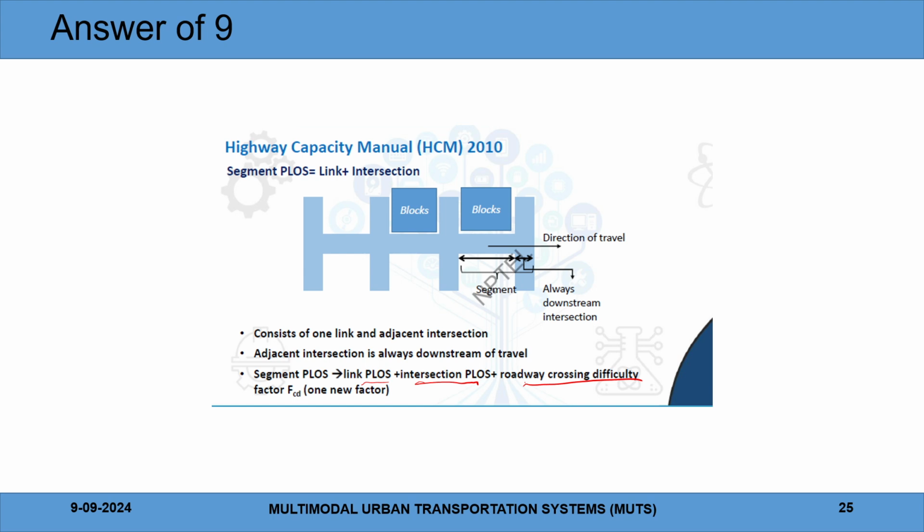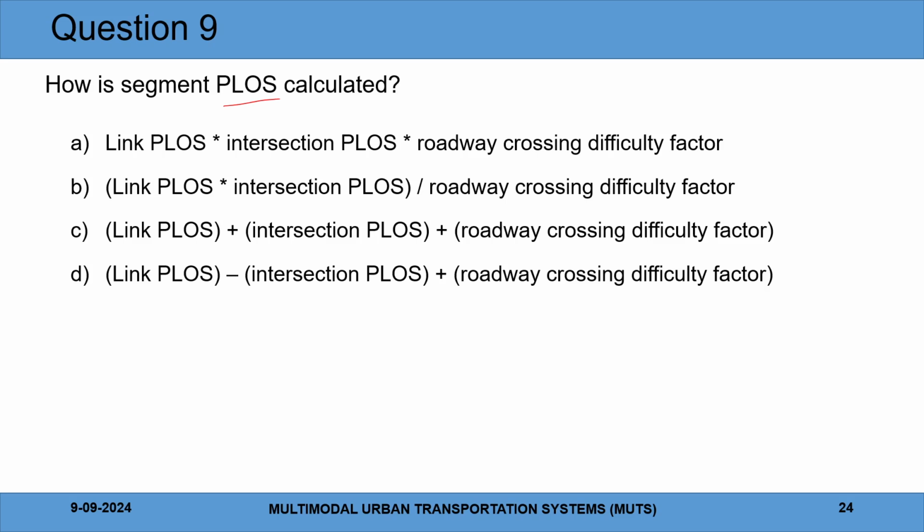So there are three components. Segment means there is a link and a downstream intersection. Now total segment PLOS will be the PLOS of the link plus intersection PLOS and the roadway crossing facility factor, FCD. Because there is an intersection, there will be crossing movement and level of service will be dependent on that. So option C will be the correct answer here.